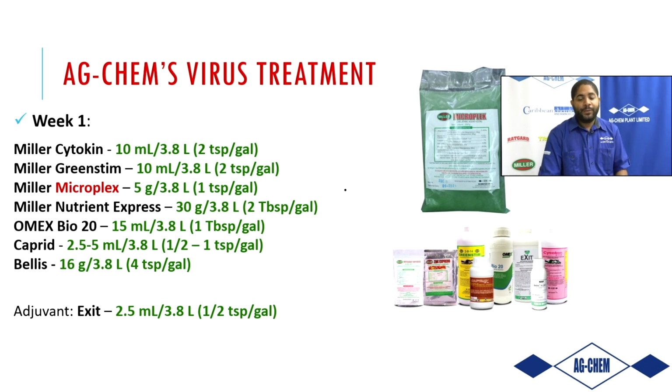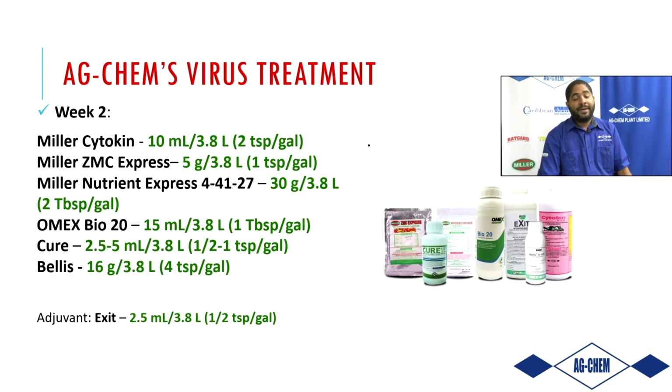On our second week of treatment, we use our Miller Cytokine once again, and this time we also come in with our Miller ZMC Express. The ZMC Express is zinc, magnesium, and calcium, the main ingredients in that.